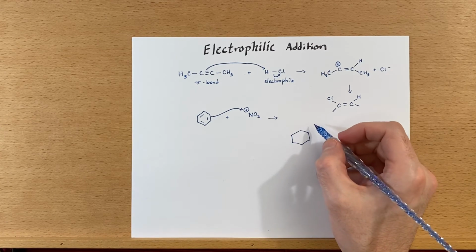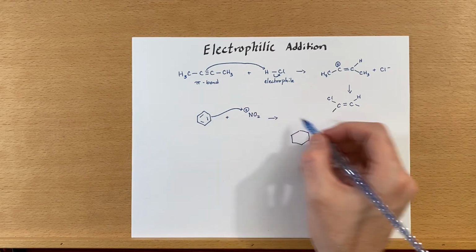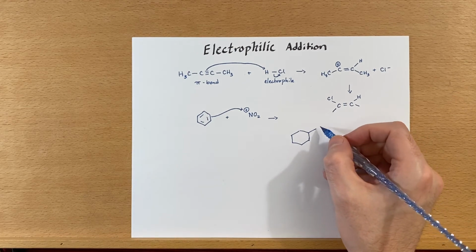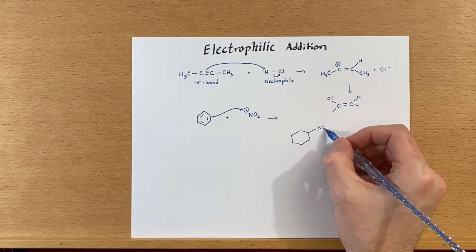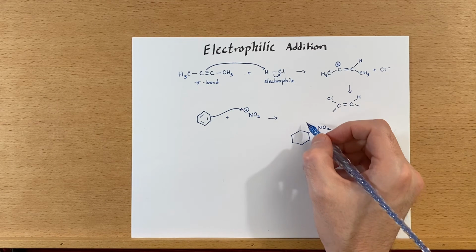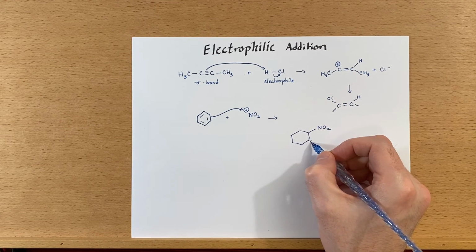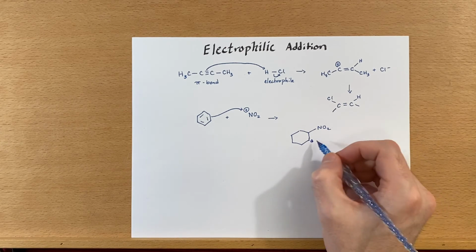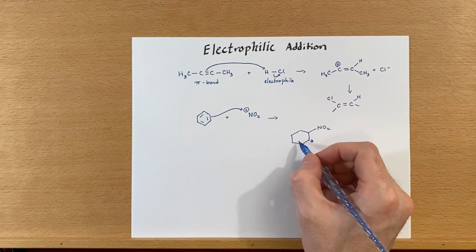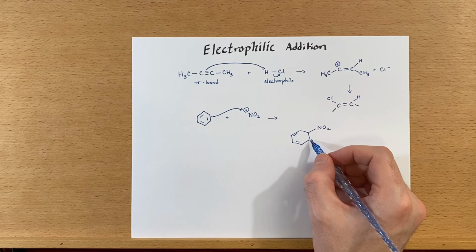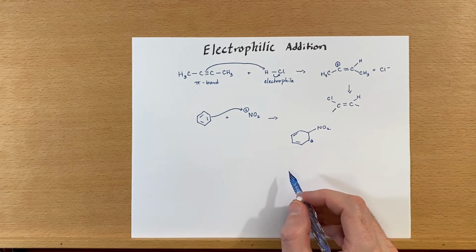So let's see here. Drew it from that bond, so we'll just put it on somewhere here. We'll have a positive charge sitting down here, say. Drew this circle kind of small, but there's a positive charge there, and we've done electrophilic addition.